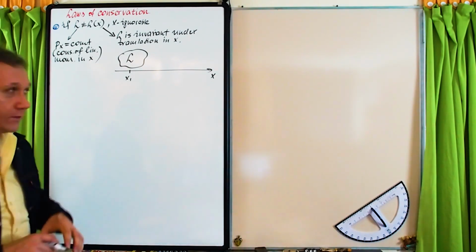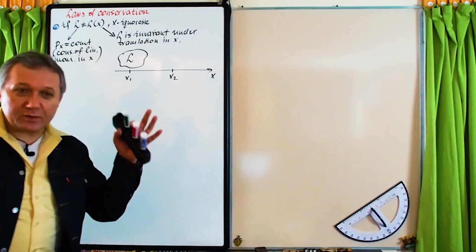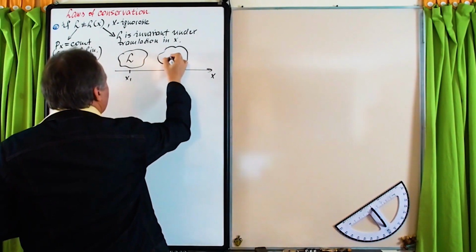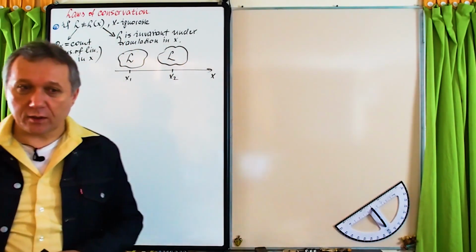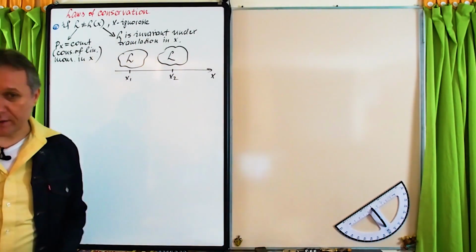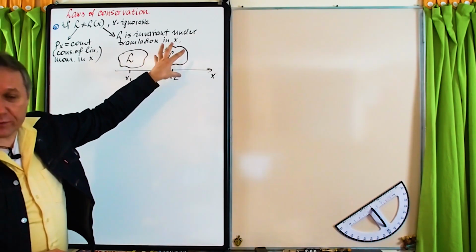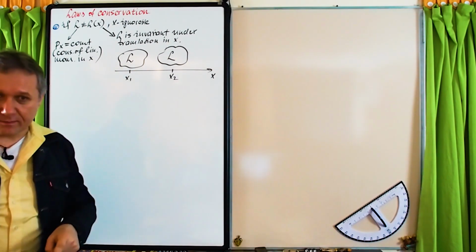Now, if you take the same system with the same initial conditions and position it here, of course the Lagrangian will be the same because the Lagrangian does not depend on x. L is invariant under the translation in the x direction. Since L is the same, the life of this system at this point will be exactly the same as here.